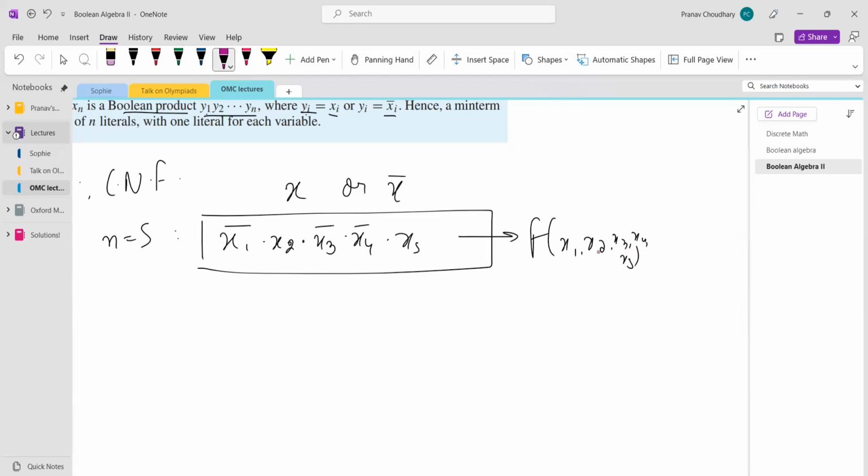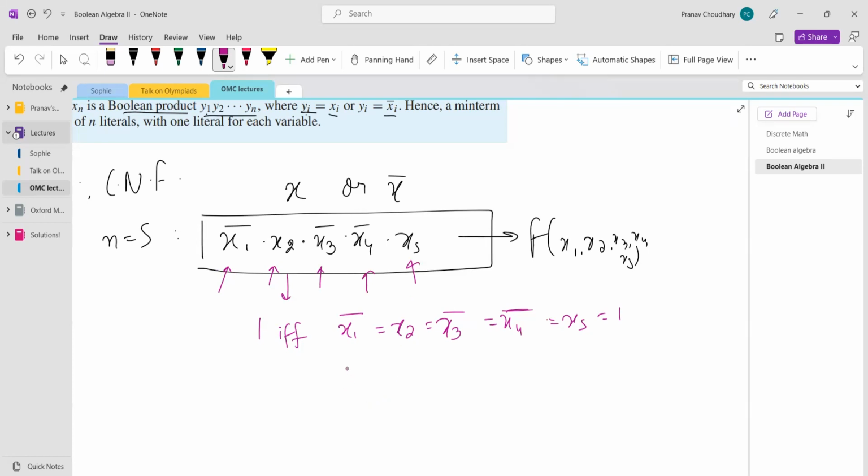So basically I just want the value of this function when I plug in different values of x1, x2, x3, x4, or x5. See, this function will be 1 because these are products, right? If and only if x1 conjugate equals x2 equals x3 conjugate equals x4 conjugate equals x5 equals 1. Apart from that, if any one of these 5 things is 0, then the whole thing becomes 0, right?